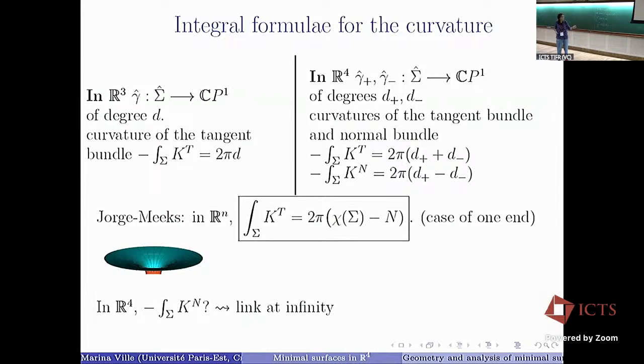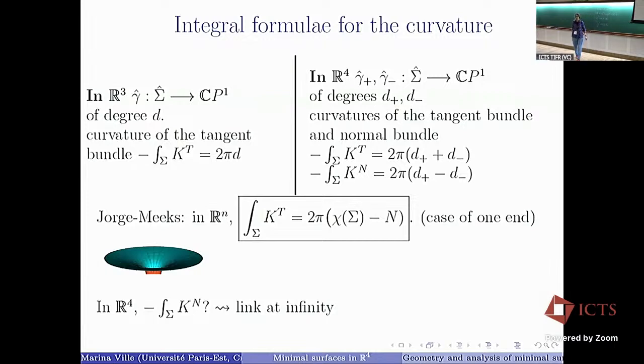If the surface was closed, we wouldn't have this minus n, it would be the Gauss-Bonnet theorem. And so this is the formula: the integral of the total tangent curvature is 2 pi times the Euler characteristic, minus n, the n being this quantity.